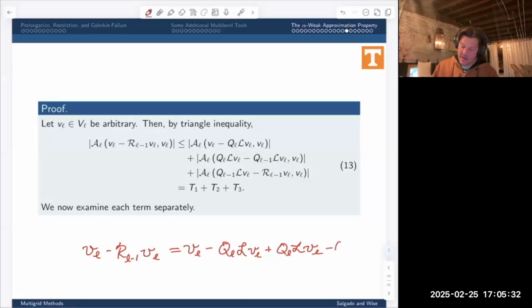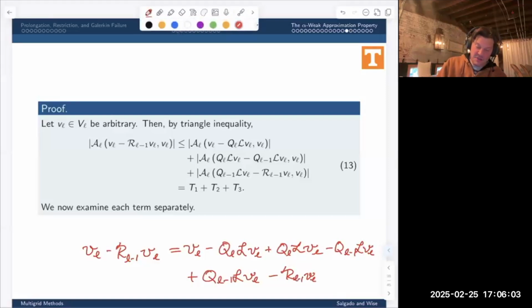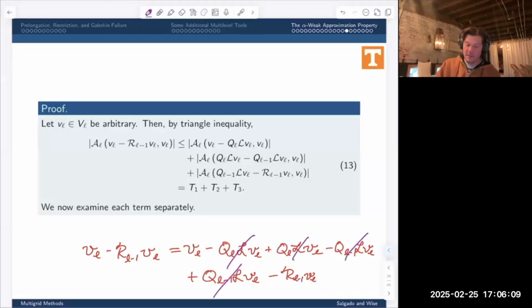And I'm going to subtract QL minus 1 LVL. Why? That's a good question. If I subtract that object, let me add it back. And then finally, I have my last object, which was already there, RL minus 1 VL. That's the Ritz projection. Okay. So notice that we get cancellation here of all these intermediate terms. And so it's clear that I have one thing equaling the other.